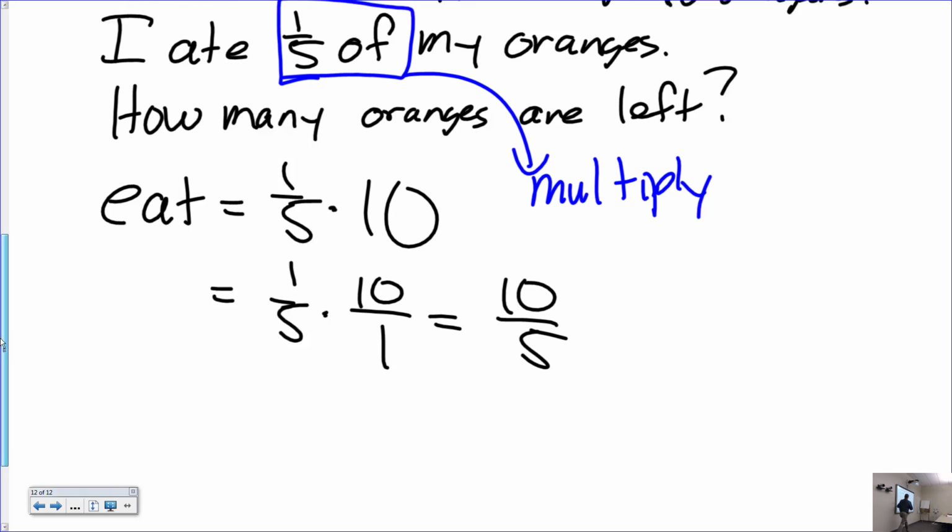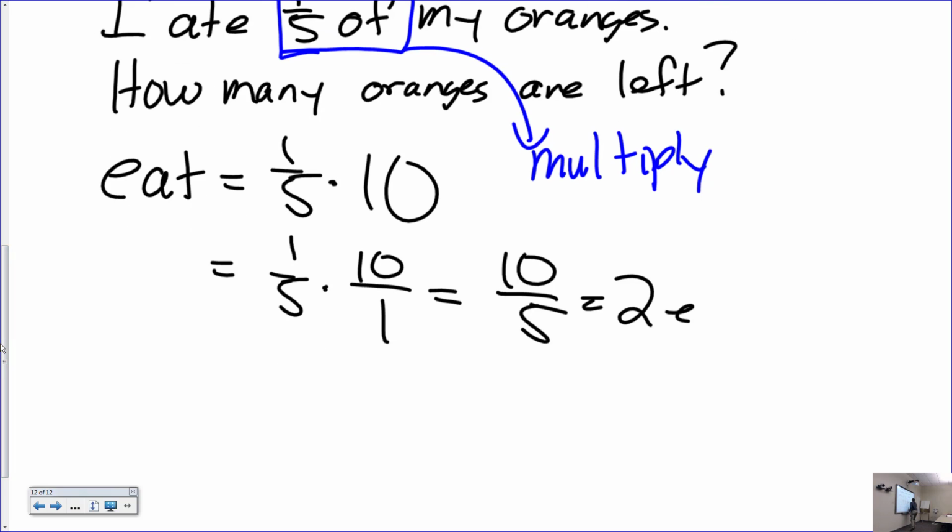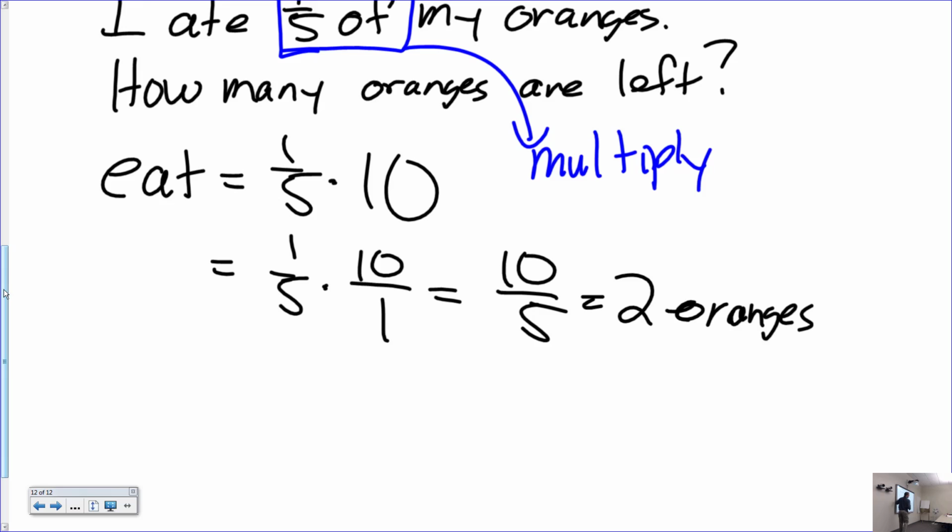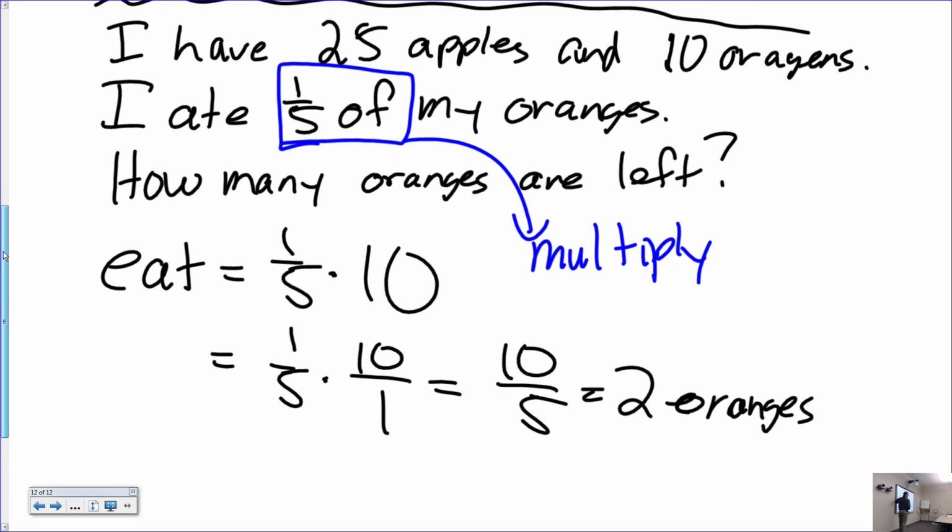And so yes, in this case, we ate 2 oranges, if I could spell the word orange correctly. And if you've eaten 2 of them, how many are left? 8. Sorry, I was going to ask, can we just get an answer for word problems like that? Do we have to write it all out? Oh, no. If you know how to get to the answer really fast without much thought, you can just write down, hey, I know it's 8. I'm happy with just writing down 8.